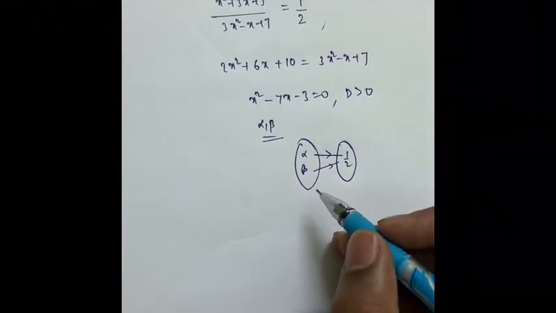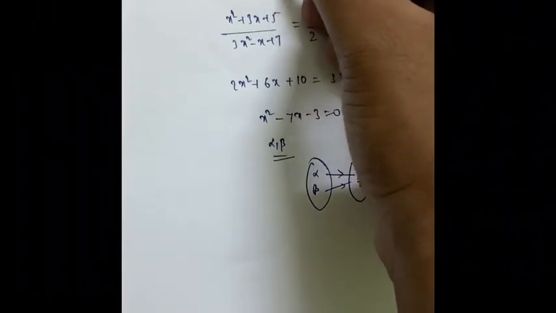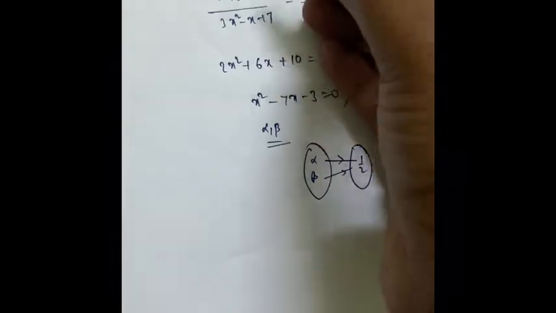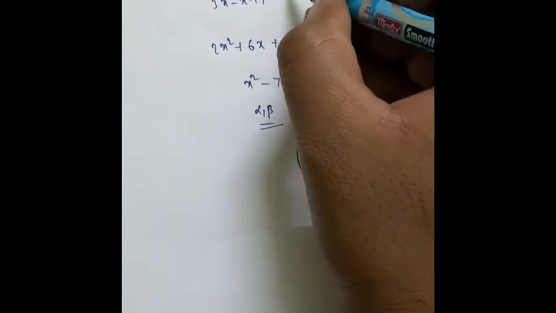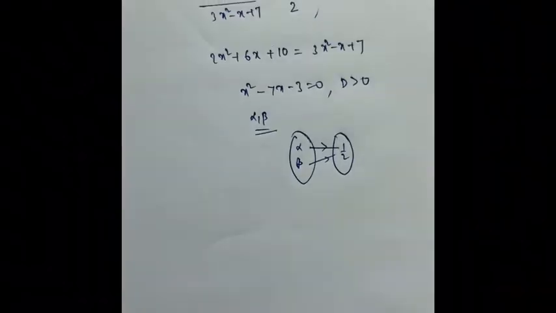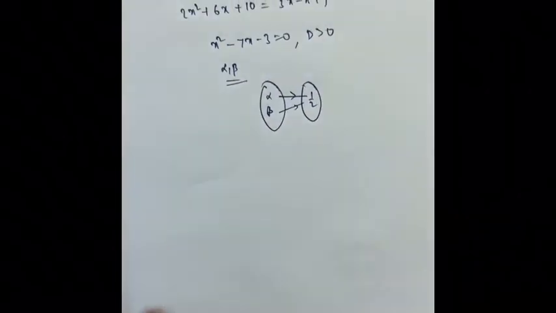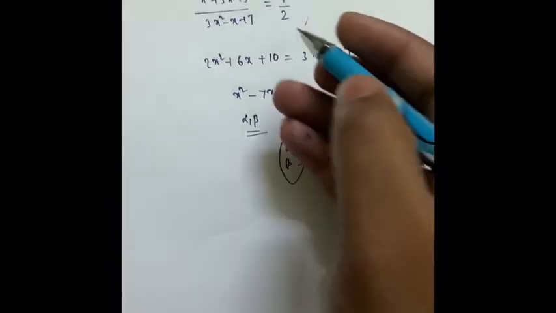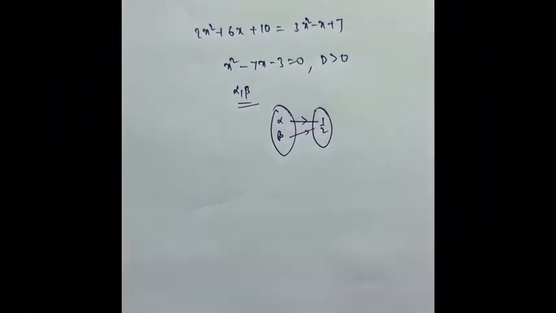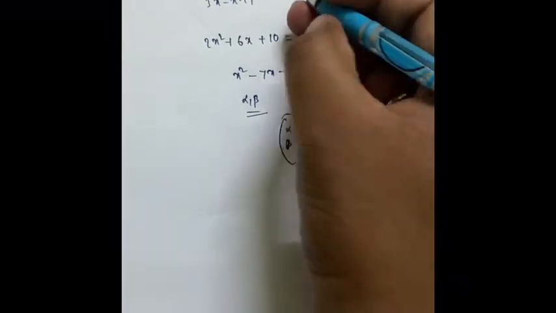In the majority of these kinds of questions, quadratic by quadratic or quadratic by linear or whatever it is, equals to k, you try to follow this f of x equals to k method, because for most of the k values you will get discriminant greater than 0. You can try for k equals to 1.